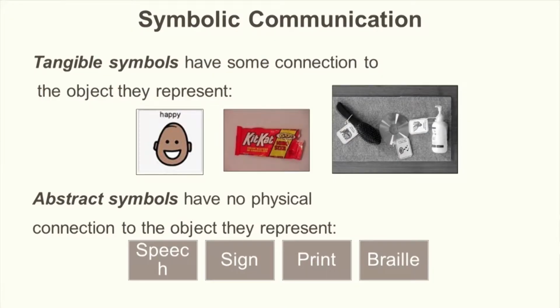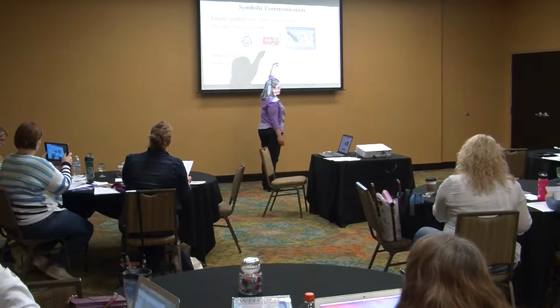So, with symbolic communication, we have to have those tangible symbols, right? They help the object they represent, or they show that connection. So we could have a line drawing, or the actual candy bar wrapper.